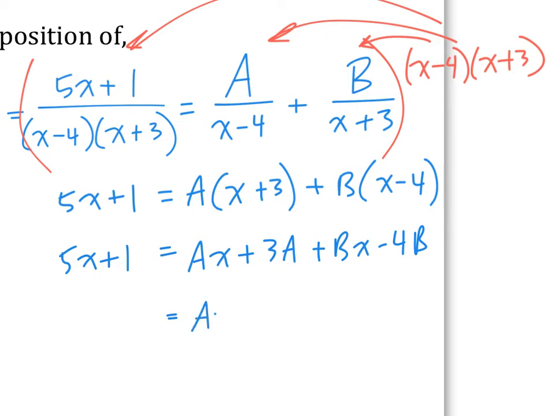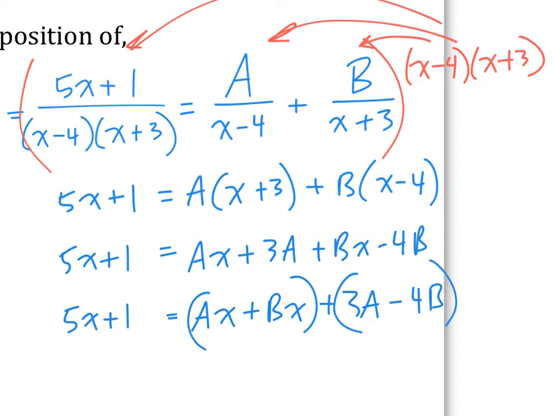I'm going to put all the x's together, and the ones that don't have x, because they are just constants, I'm going to put them together. Okay, so I just reordered everything, all the x's together and numbers together. Then I'm going to group them.